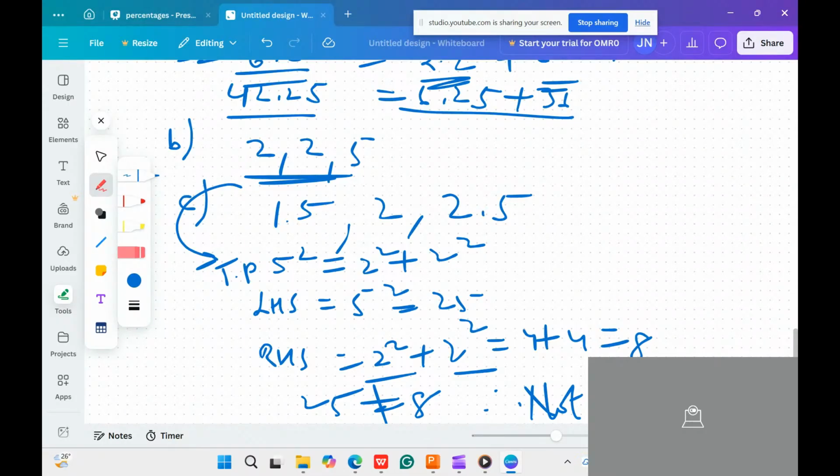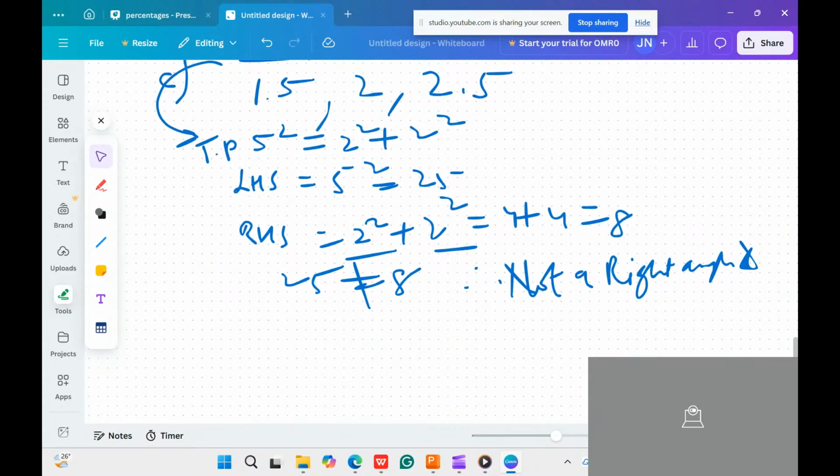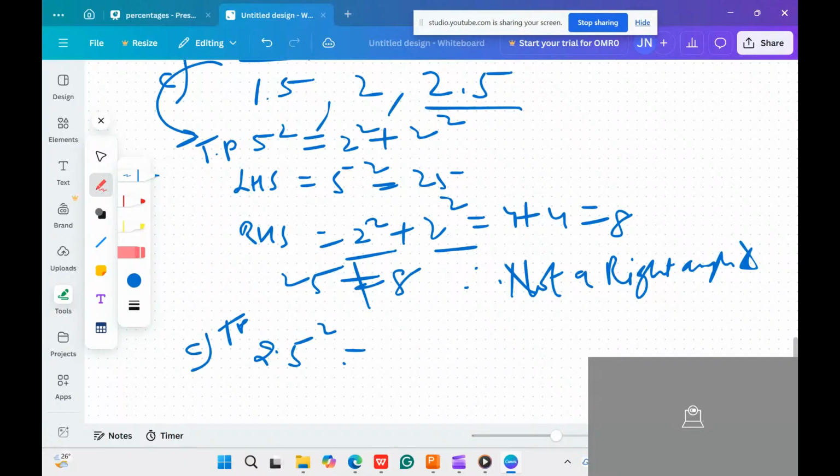The last one, yeah, it's given in the question 6.25. 2.5 square is 6.25, right? Now the third part, C is, so again we will write we have to prove this, whether it is equal to this or not.